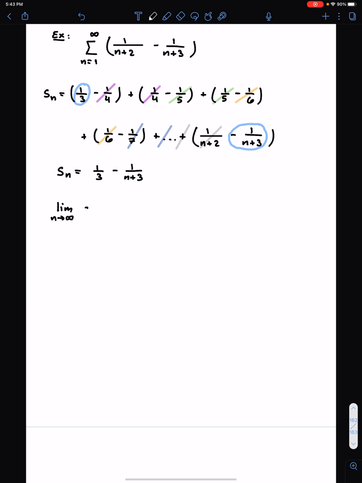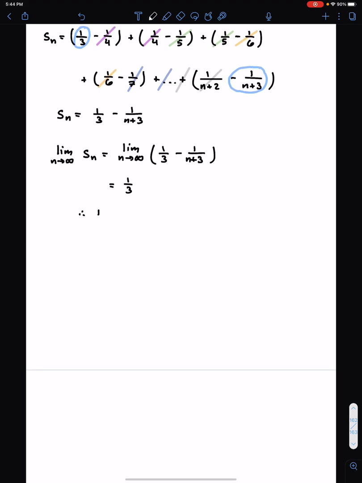So the limit as n approaches infinity of the nth partial sum is equal to the limit as n approaches infinity of 1/3 minus 1 over n plus 3, which is equal to 1/3.